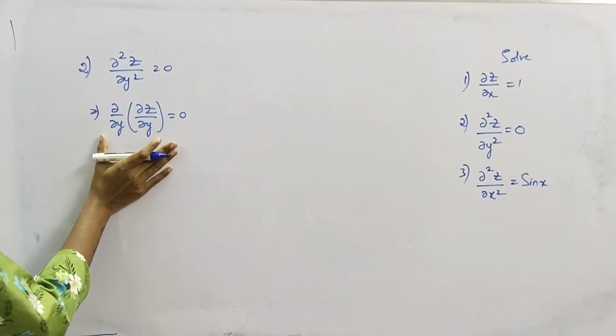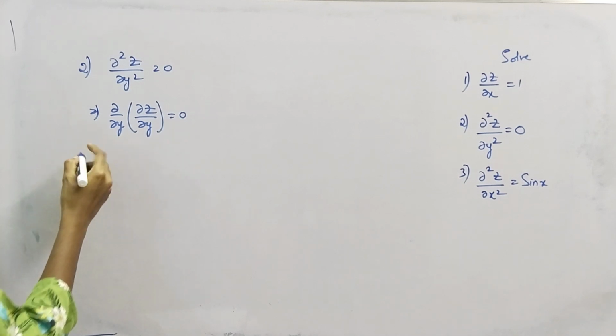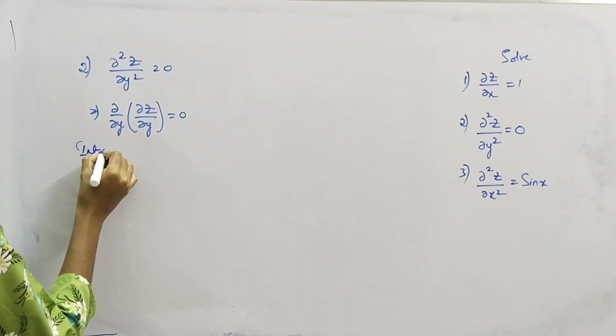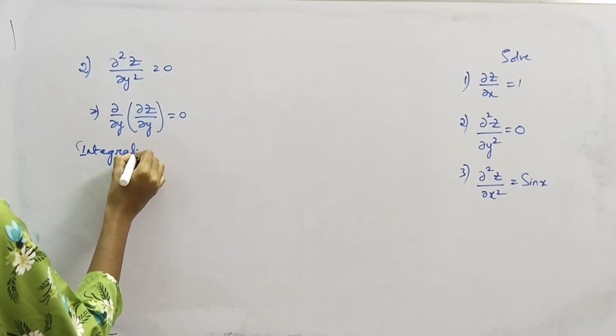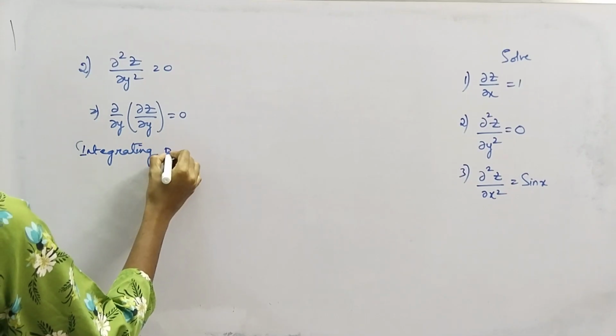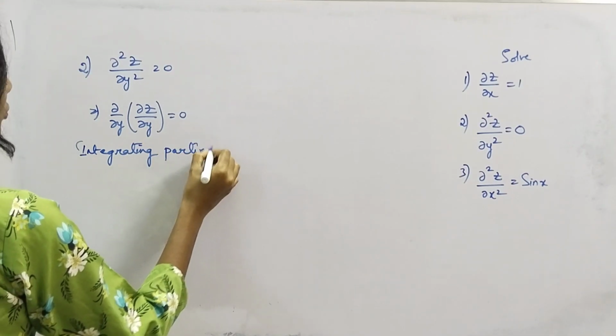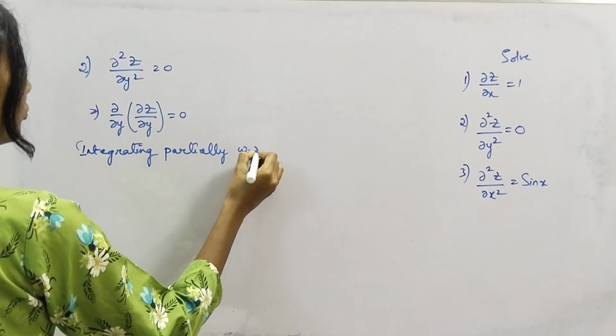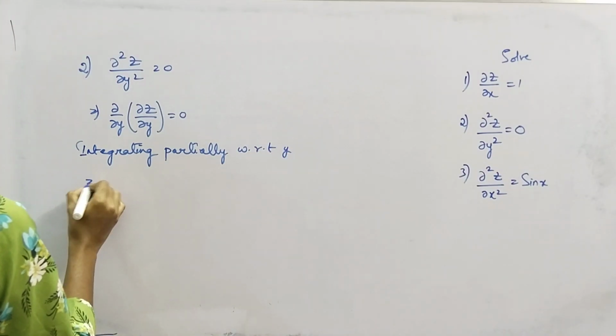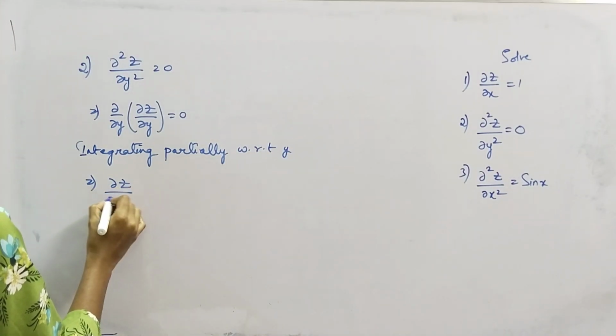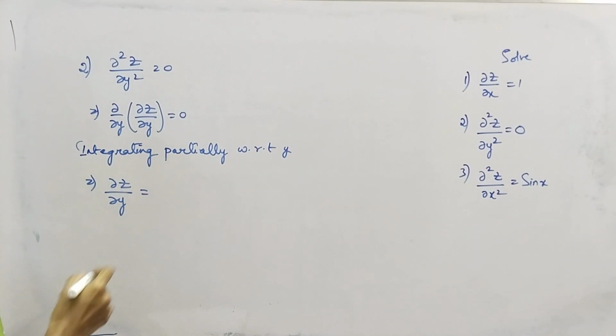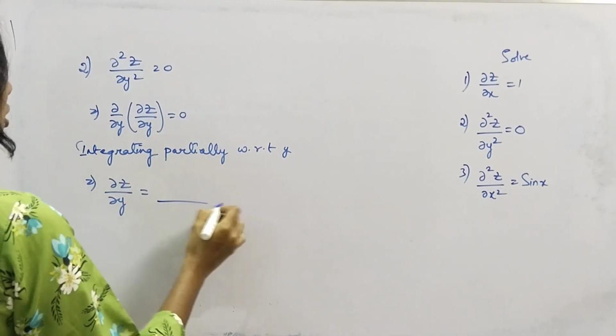Here we'll integrate partially with respect to y. Then we'll get dou z by dou y equal to, here you have 0, right? So you'll get some integral constant.